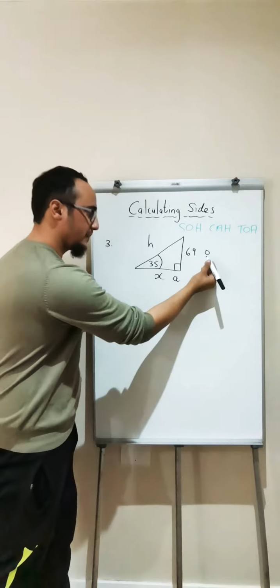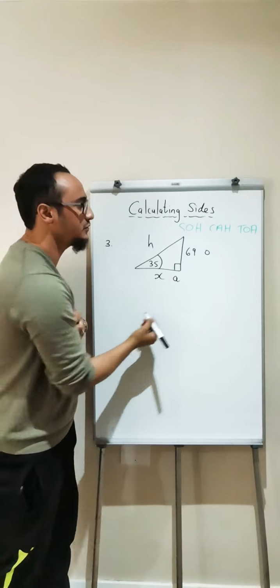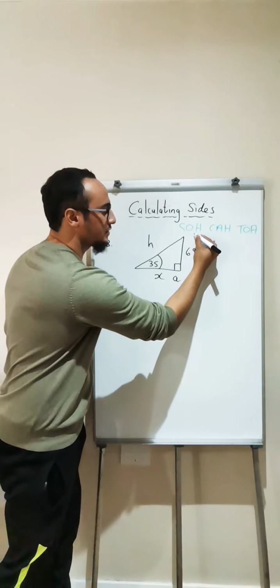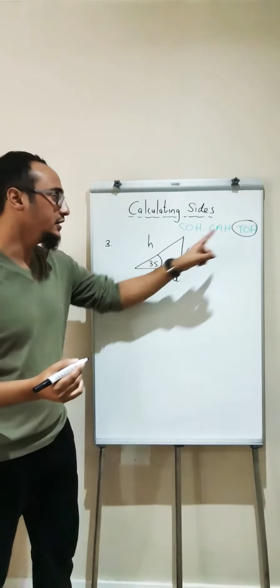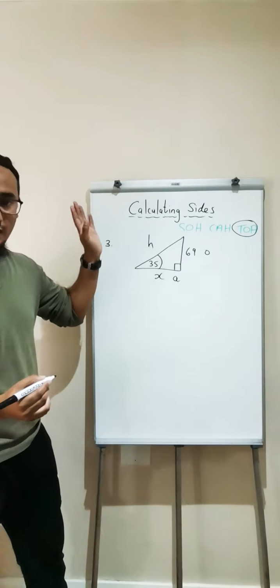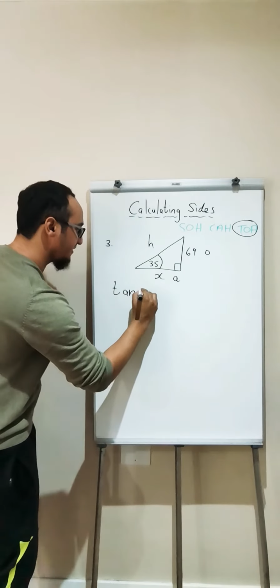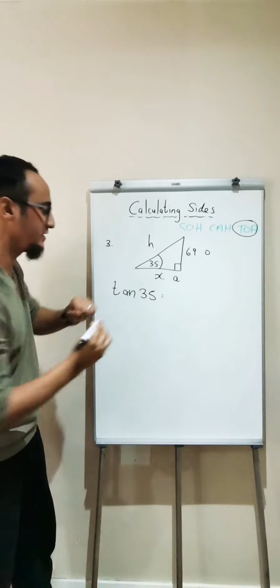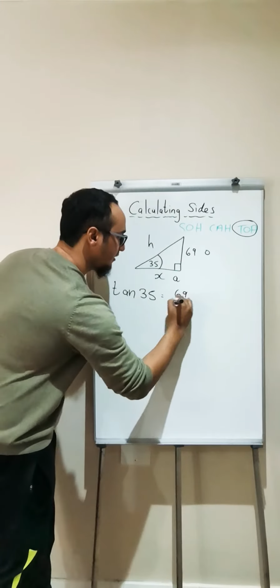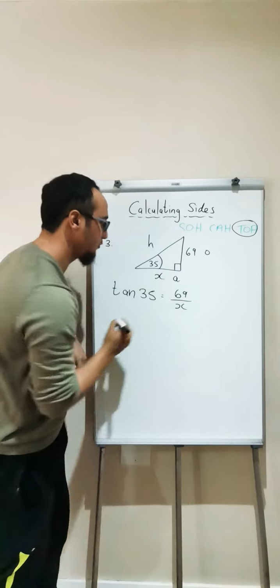I have opposite over adjacent, and that trigonometric ratio is, do I see opposite over adjacent? Where I see it over there, meaning I'm going to use tan of my angle. So tan of my angle, which is equal to 35, is equal to opposite, which is 69, over adjacent, which is the side that I'm looking for.